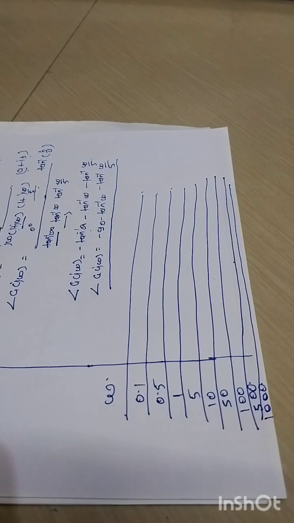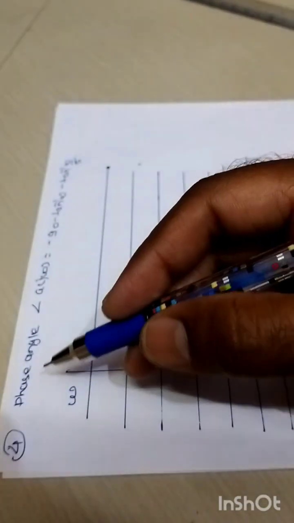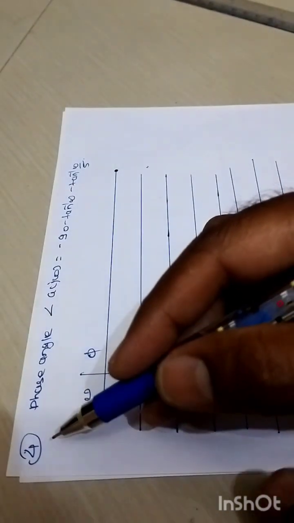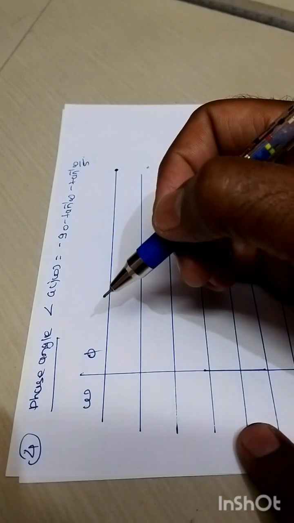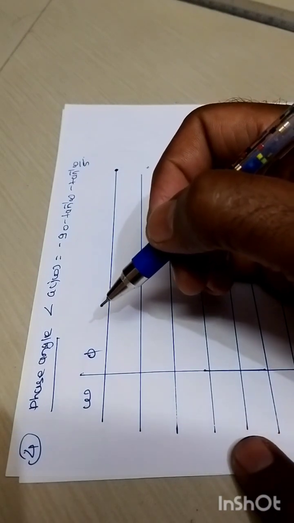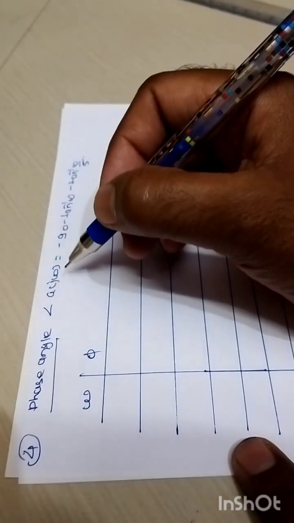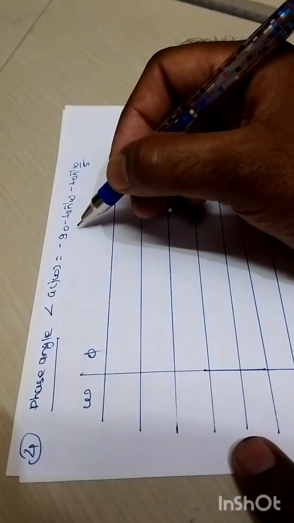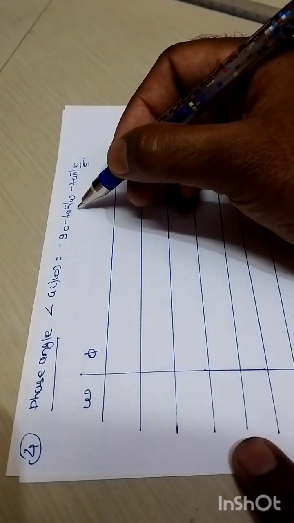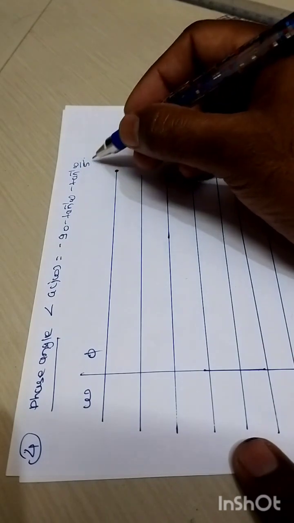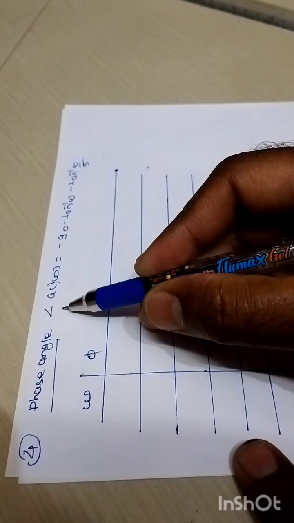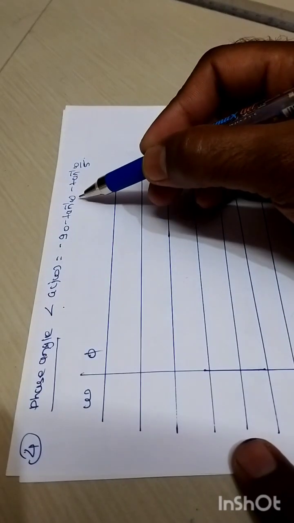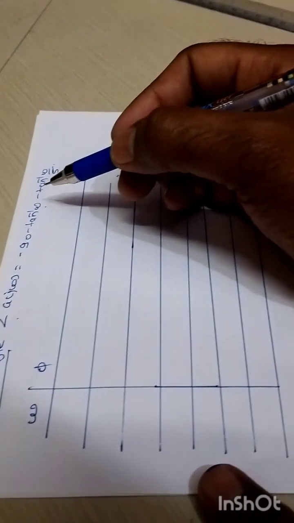So in this way, this will be step number 4, which tells us how to determine the phase angle for the phase angle plot. So the phase angle of G(jω), already tabulated, is minus 90 minus tan inverse of ω minus tan inverse of ω divided by 5, right? This phase angle is to be tabulated for different values of ω.